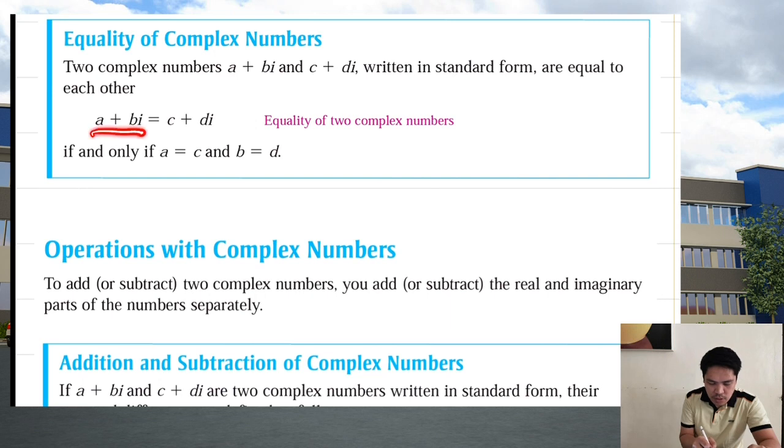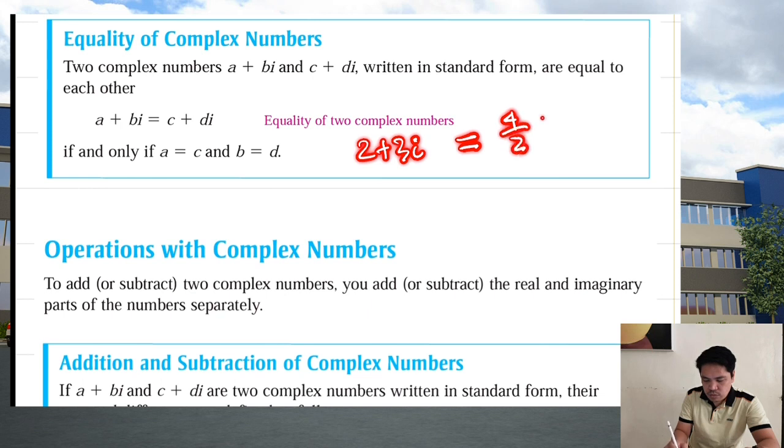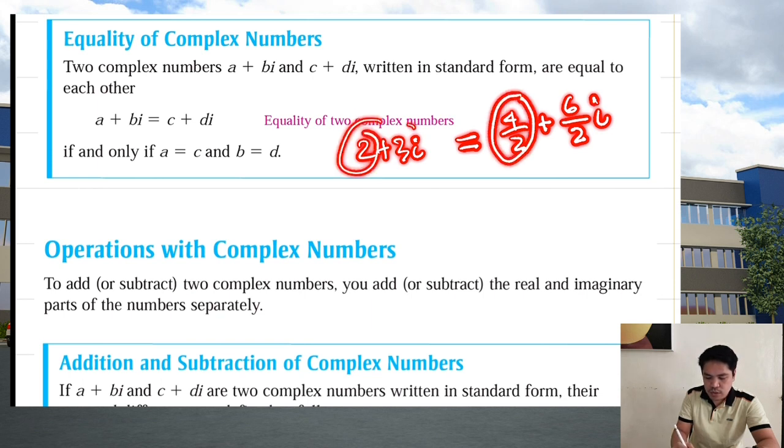That's too easy. For example, we have 2 plus 3i. That is just the same as 4 over 2 plus 6 over 2 i, because 2 is just the same as 4 over 2, and 3 is just the same as 6 over 2.